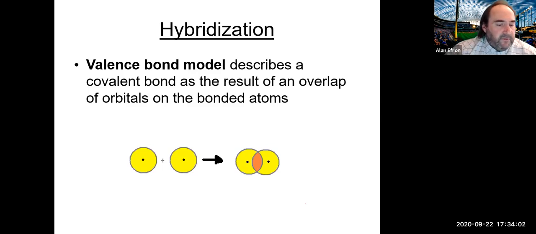One is sometimes referred to as the electron pair geometry, which is the three-dimensional arrangement of the electrons around the central atom. The other is the molecular geometry, or the shape, and that describes the overall molecule's shape, taking into account its bonds, its electrons that are present, and so forth.